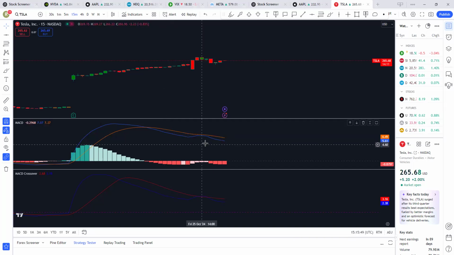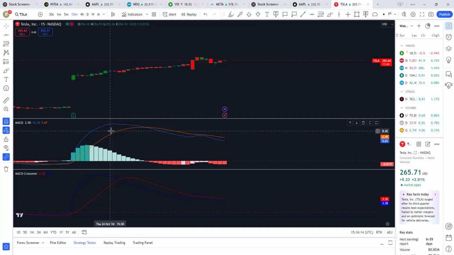So whenever the blue line, which is the MACD line, is crossing above the orange line, it's bullish. In the stock market, we have two things: bullish and bearish. Bullish means whenever the stock is in green, going up, moving up.